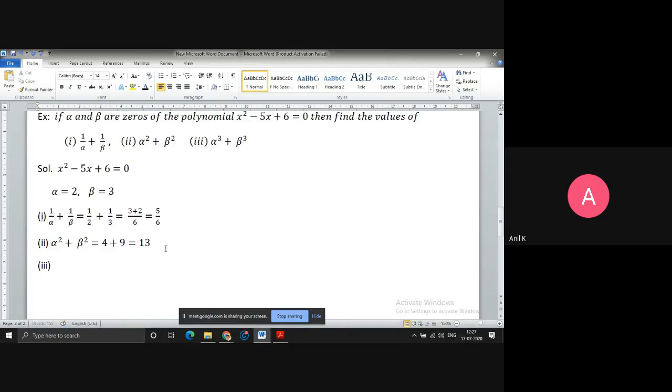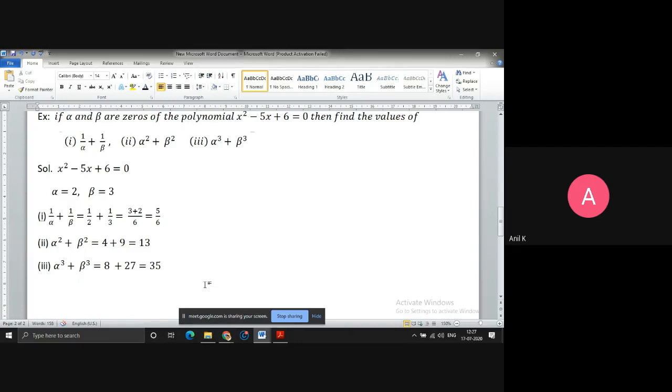Now third question is alpha cube plus beta cube. So it is simple. Alpha value is 2, 2 cube is 8, plus beta value is 3, 3 cube is going to be 27. So 27 plus 8 is going to be, I think, 35. It's done.